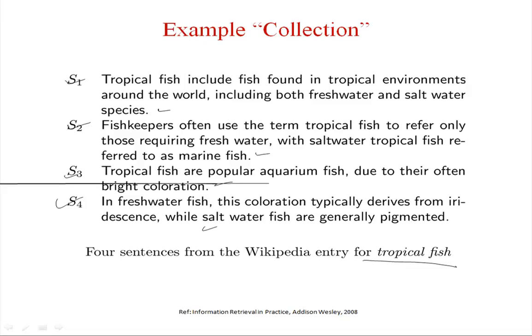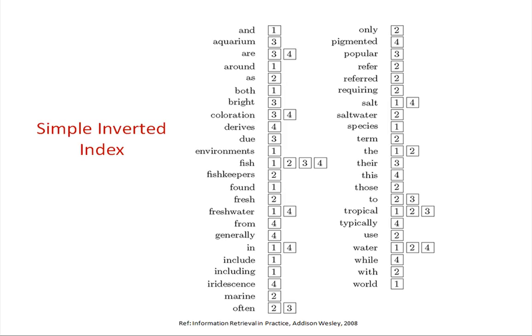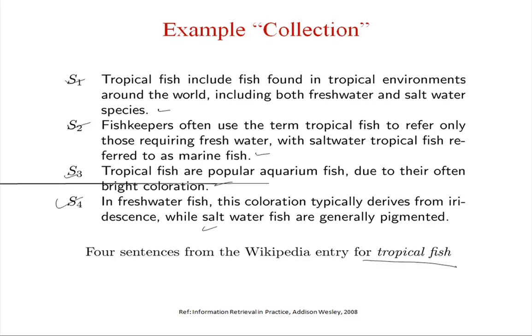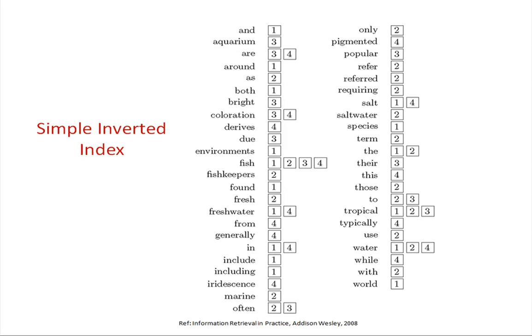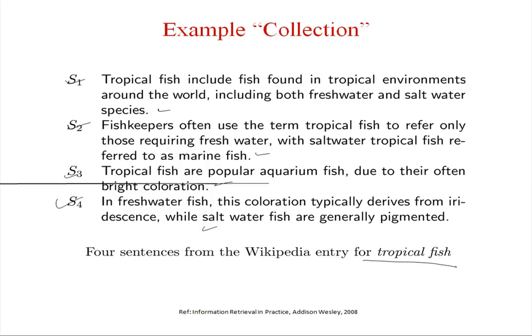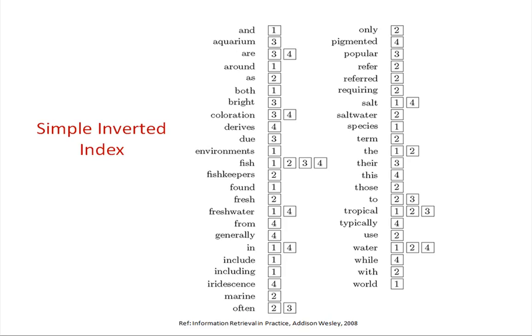Now we'll show the different types of index construction. The first is simple inverted index construction. Suppose we consider the 4 different sentences as documents. Suppose this is from document D1, from document D2, from document D3 and document D4. Then how will a simple inverted index look?